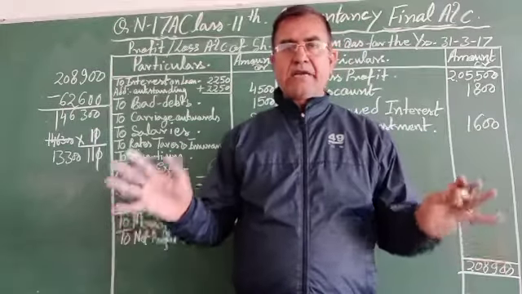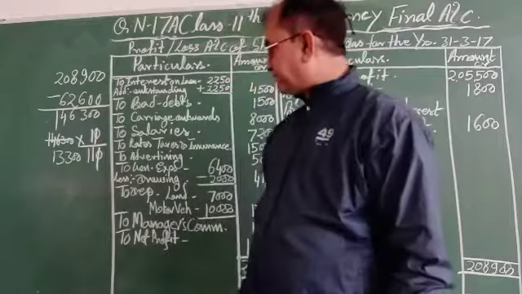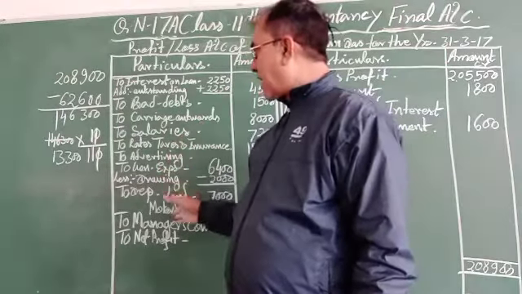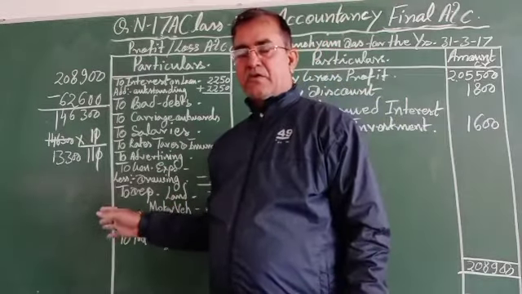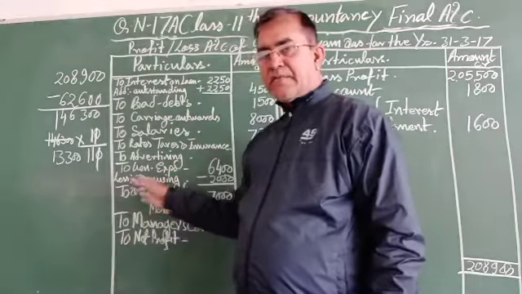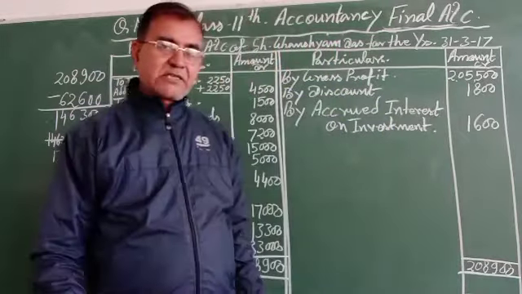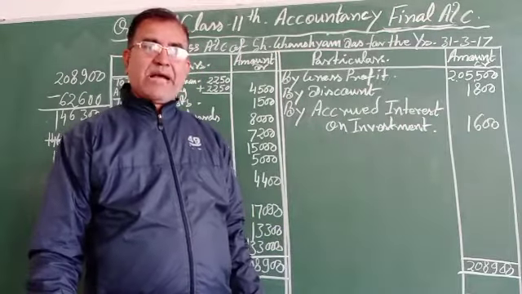Means the accounting treatment: the outstanding expenses inside the trial balance are shown in the liabilities column of the balance sheet, and the prepaid expenses given are shown in the assets column of the balance sheet.